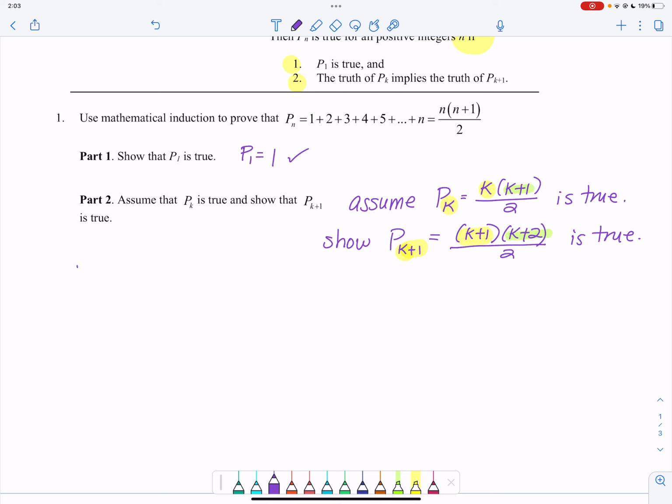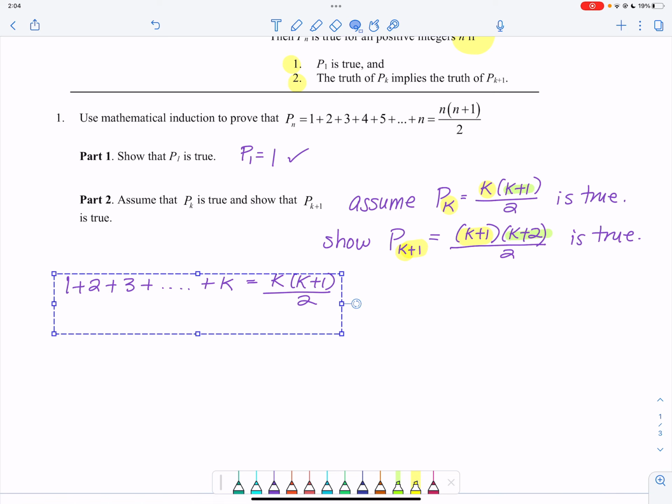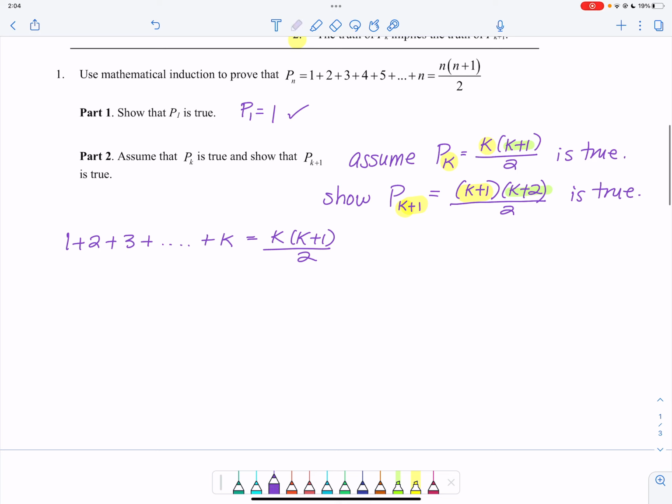So let's go ahead and take a look here. We have 1 plus 2 plus 3 and so forth, and we're going to go to the kth term. And that's k times k plus 1 all over 2. Then we have 1 plus 2 plus 3, we're going to go to the kth term, and now we're going to go to the k plus 1th term.